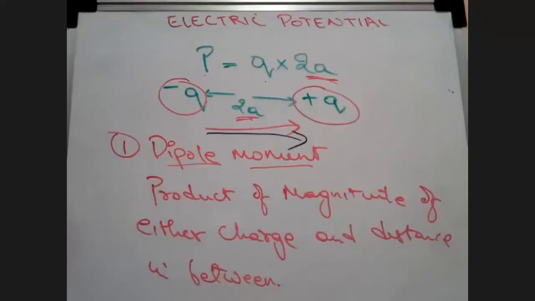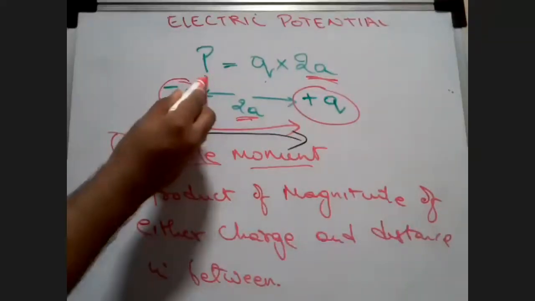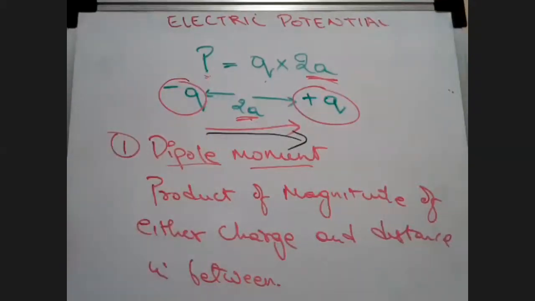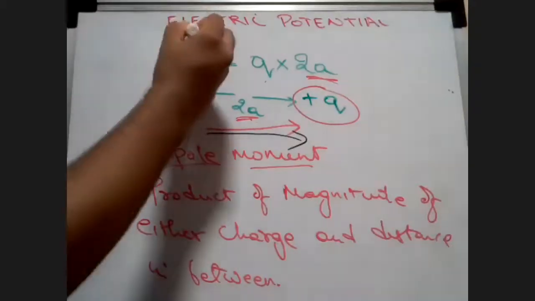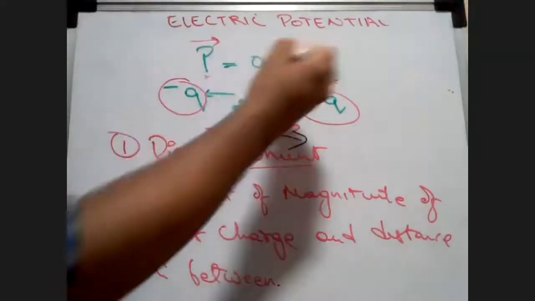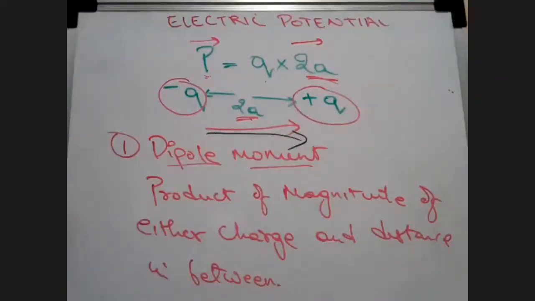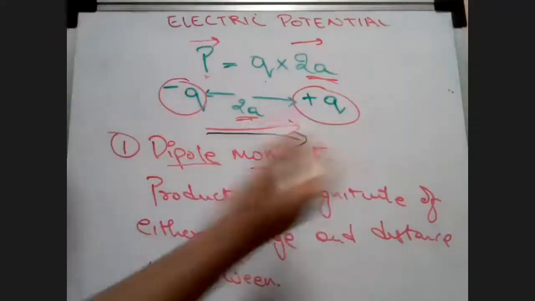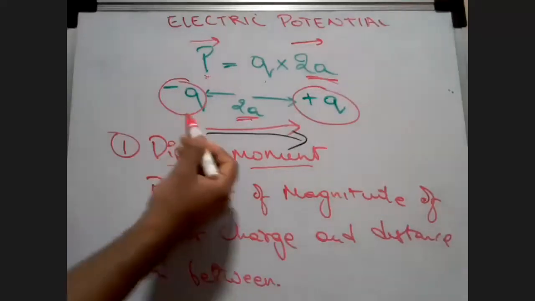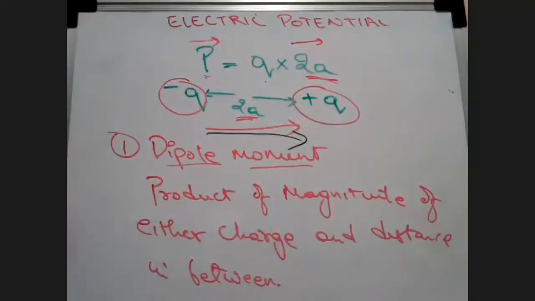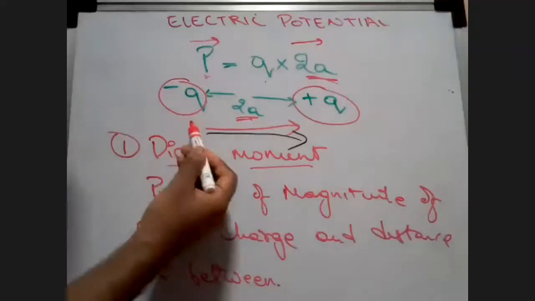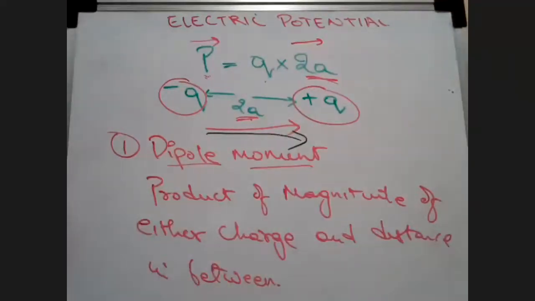Third thing is basically this P. This P is called dipole moment, and there is a certain direction to this dipole moment. It is a vector quantity. Why? Because we are considering the direction of dipole moment to be from negative to positive. Dipole moment is always taken from negative to positive. It is never taken from positive to negative.